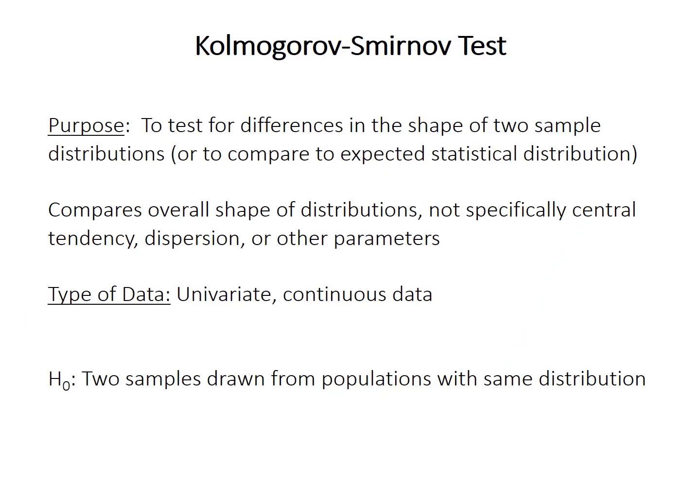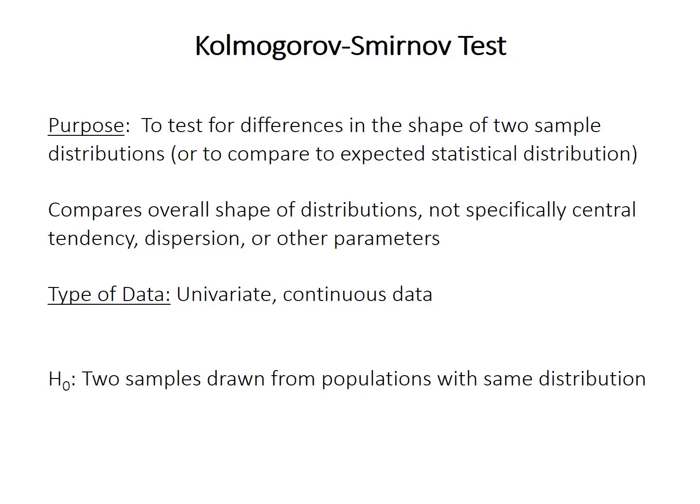So back to the KS test. Its purpose is generally to test for differences in the shape between two sample distributions. It can also be used to compare one sample to a known statistical distribution, but we're not going to really focus on that as much as the two-sample test. The test compares the overall shape of the distribution.